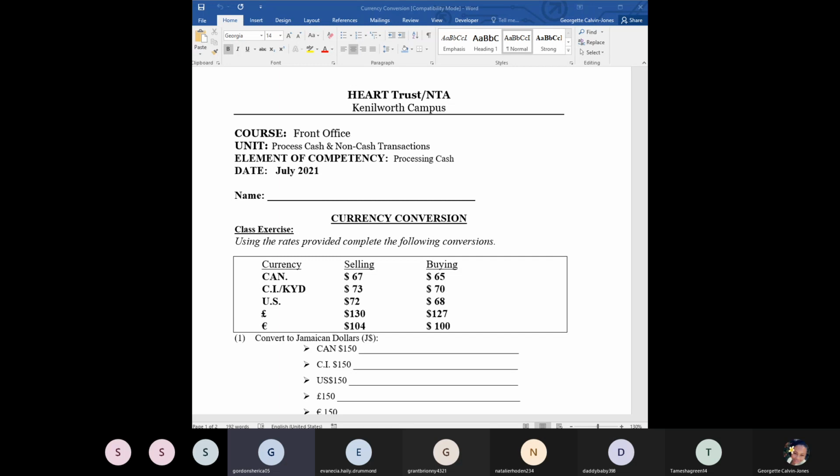You know when you go to the bank and you buy US, you're exchanging Jamaican dollars to US, so you're buying the US. When you're converting to Jamaica, we buy, and when you're converting to a different currency, you sell.